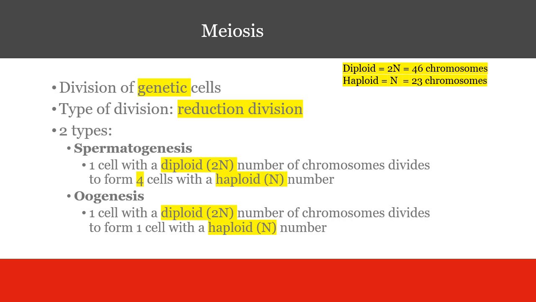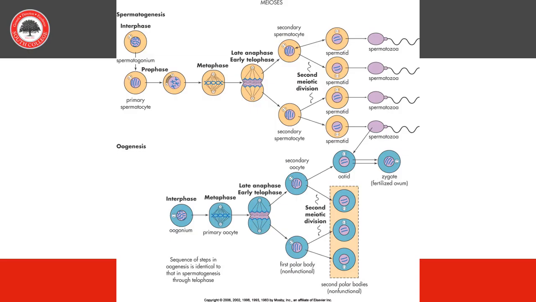Taking a look at this from the standpoint of a picture, the top part, which comes from a different textbook, shows one cell in the process of spermatogenesis called a spermatogonium. A spermatogonium is the first stage, the immature stage of the production of sperm.